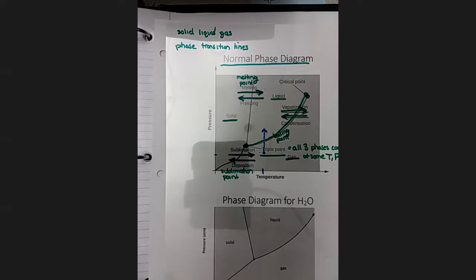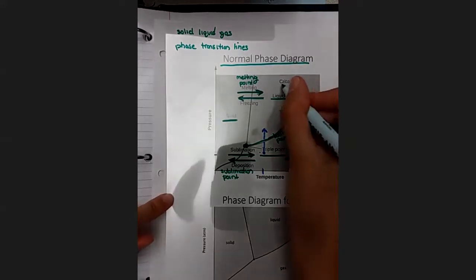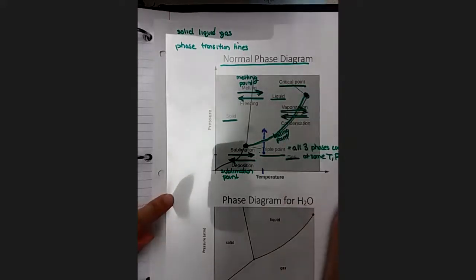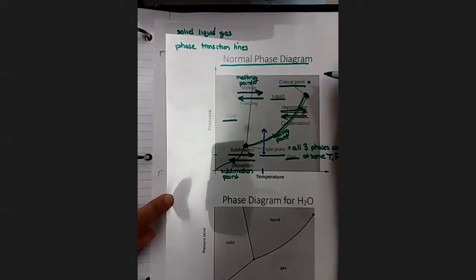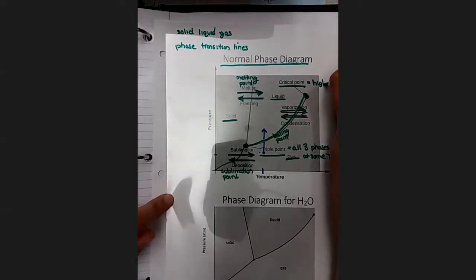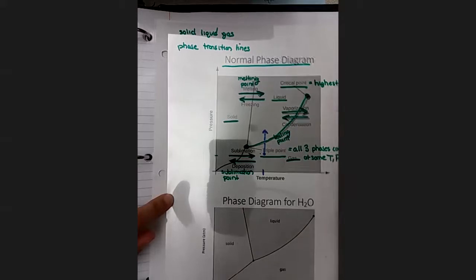Our other interesting point is up here, the critical point. The critical point is the highest temperature where a liquid can exist.